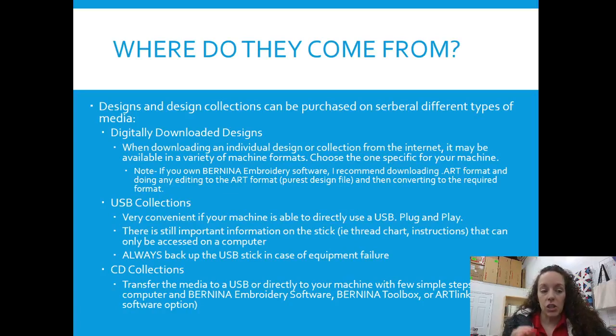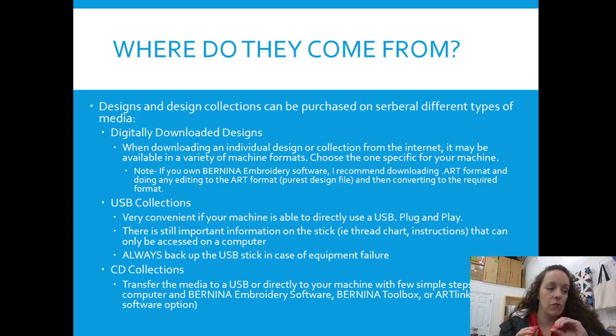Now, just a note, if you own Bernina embroidery software, or really if you own Bernina in general, I honestly recommend downloading the .art format. Okay, the ART format is the computer format.